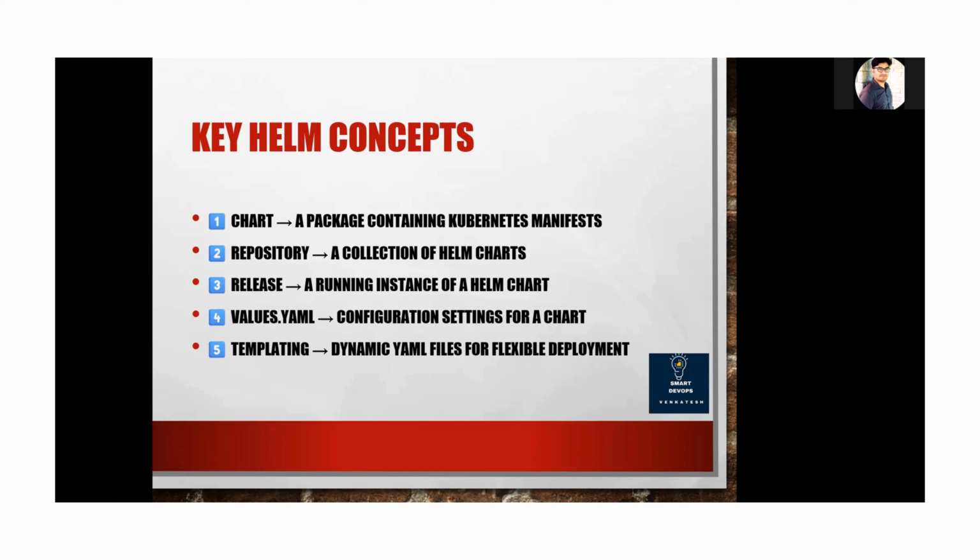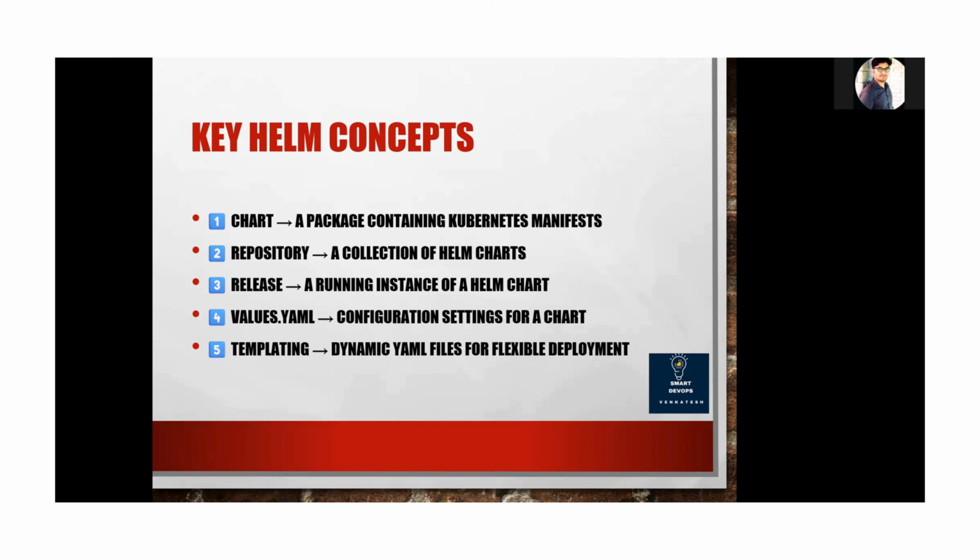I hope you are all aware of what a Kubernetes manifest is: the different types of YAMLs we create for our deployments. You can package all these things and create a chart. A collection of Helm charts we call a repository, which we can keep in Artifactory, Artifact Hub, or Bitnami charts. And once a Helm chart is in a running instance, we call it a release.